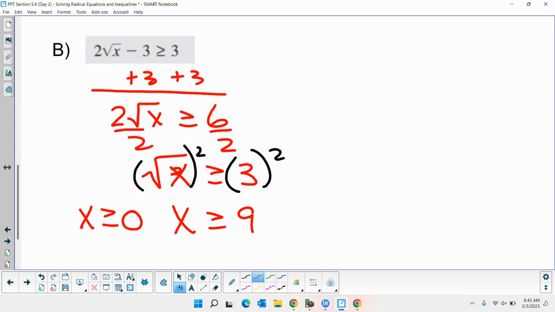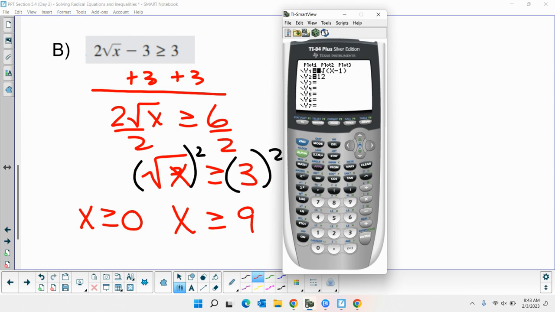All right? So if I did a picture of that, let's clear that out. 2 square root of x. Close it off. Minus 3. And then this is 3. This one we should be able to see without messing with stuff.